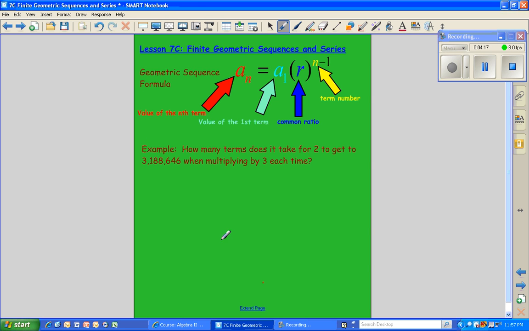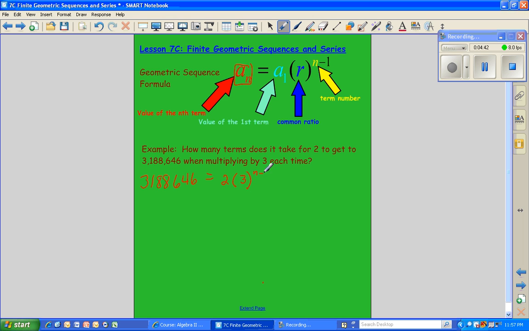So instead of sitting here working that out by hand, we're going to take our formula. Our a sub n is the value of the term that we're looking for, which is the 3,188,646. A sub 1 is the value of the first term, which is 2. R is what we're going to multiply each term by, which is 3.